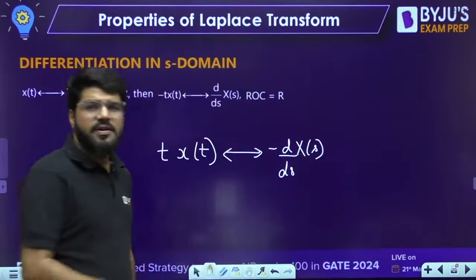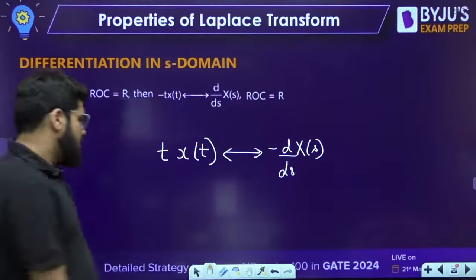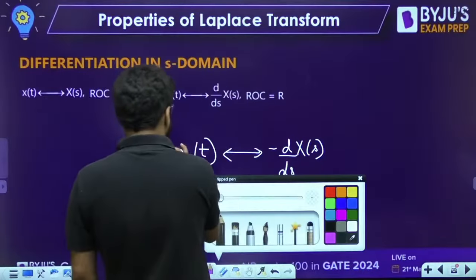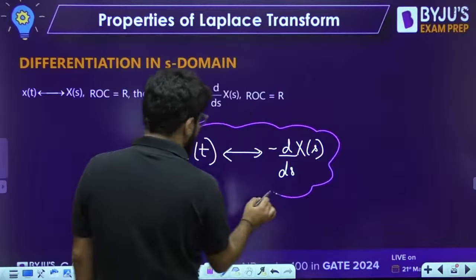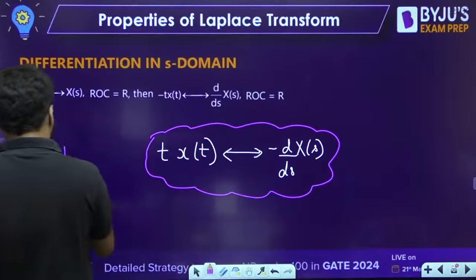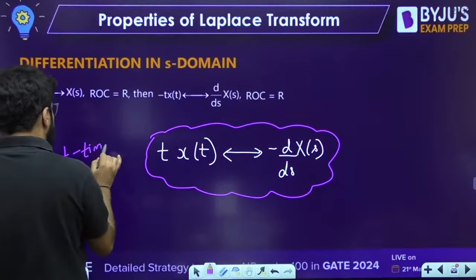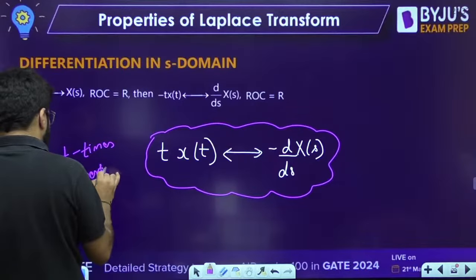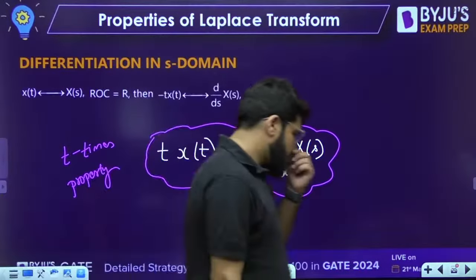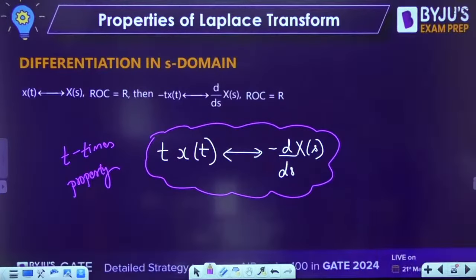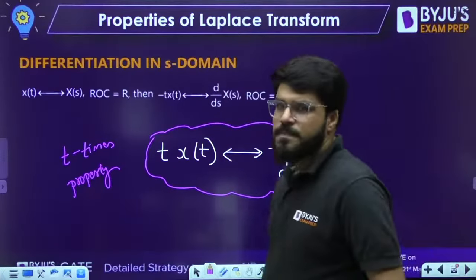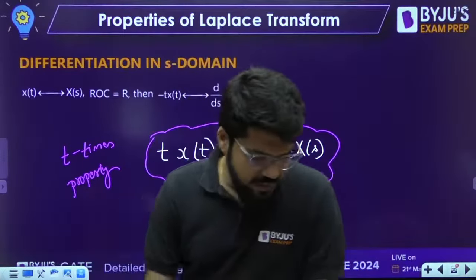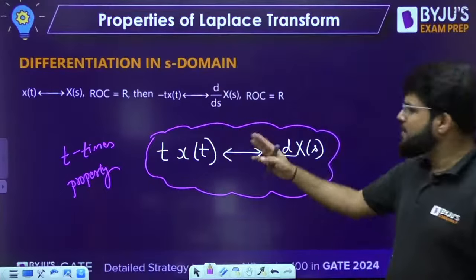This particular property is also known as the t times property, used when you multiply any signal by t.